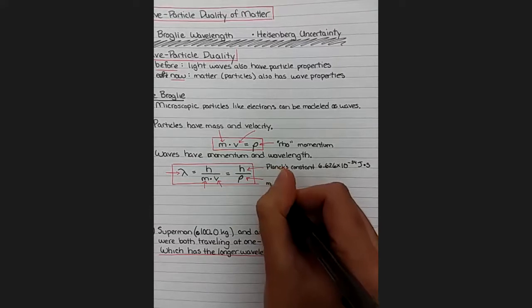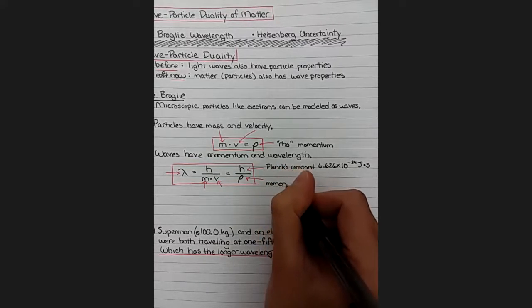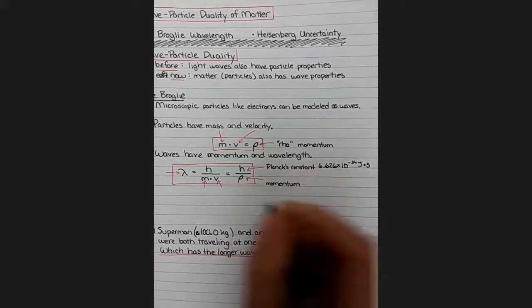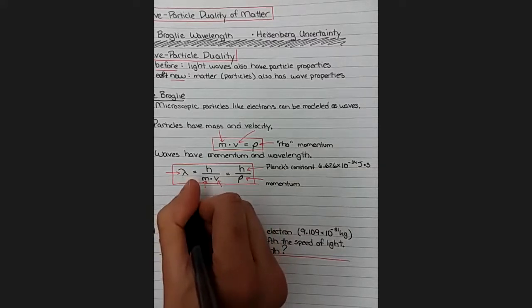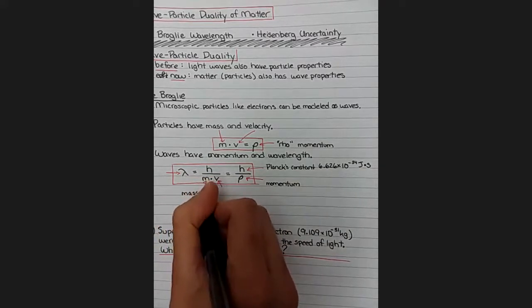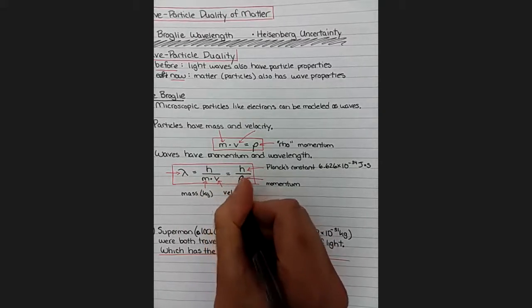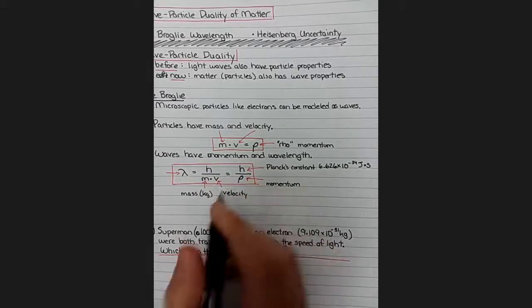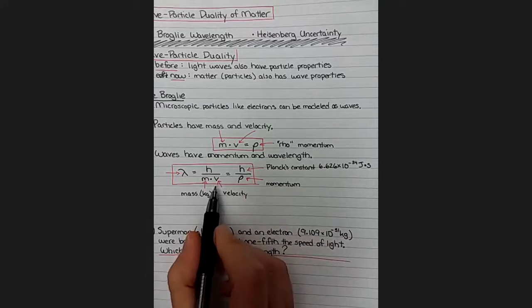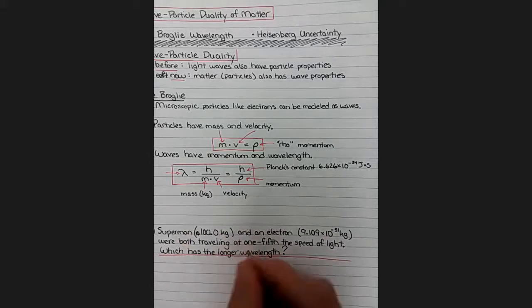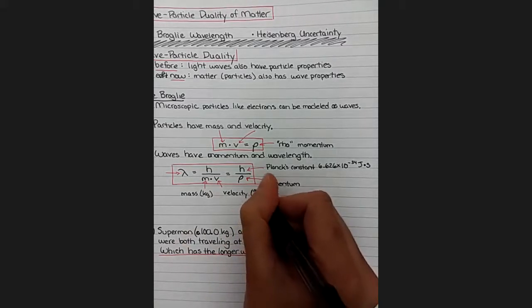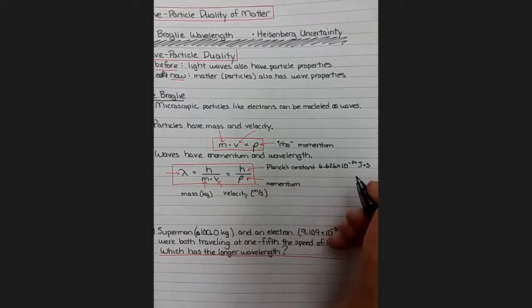This is rho, which is momentum. This is mass with a unit of kilograms. This is velocity. And note, this is an actual lowercase v for velocity, not the same as the cursive lowercase v for frequency. So velocity is in meters per second.